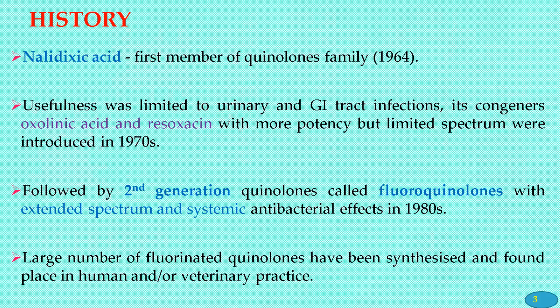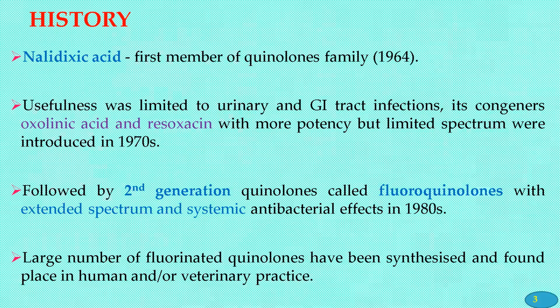And after the 1970s, this was followed by the second generation quinolones, also known as the fluoroquinolones, or fluorinated quinolones. These have an extended spectrum and systemic antibacterial effects, and were found in the 1980s.